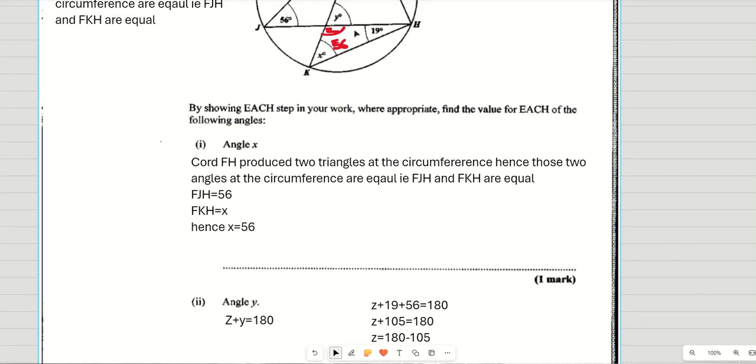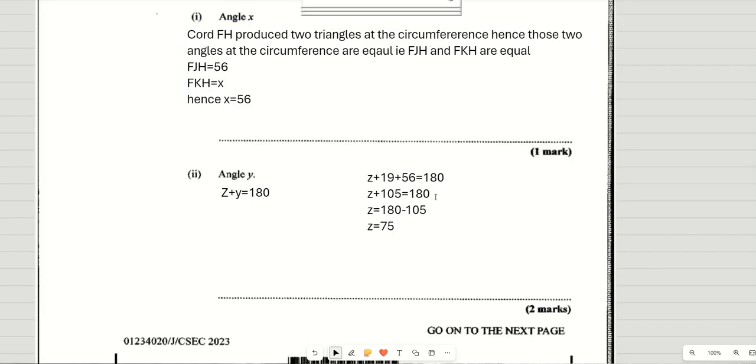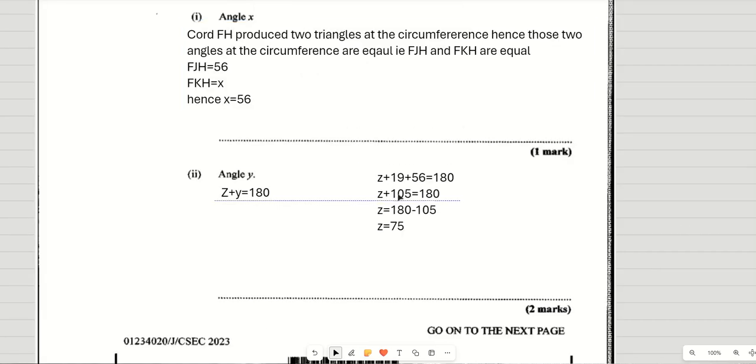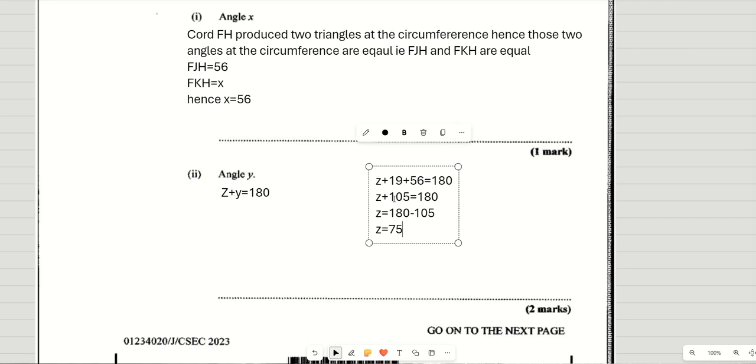Z is equal to 75. Now we know, sorry, 19 plus 56 is actually equal to 75, okay? So z plus 75 is 180, so z would be equal to 180 minus 75, which is 105.